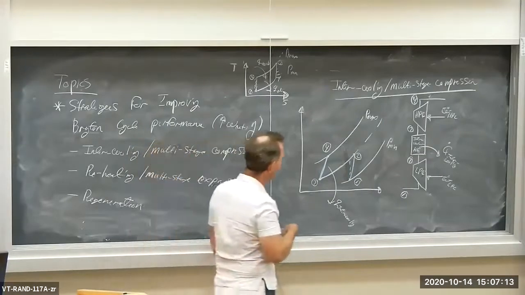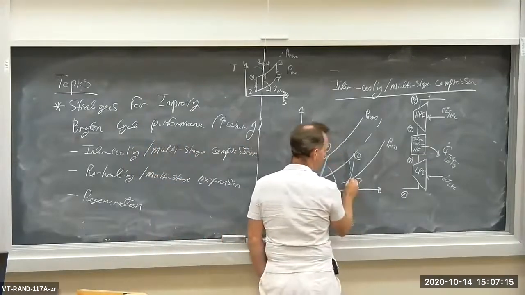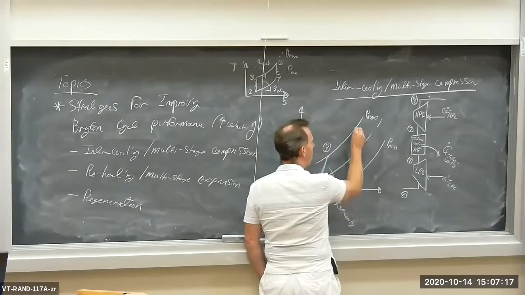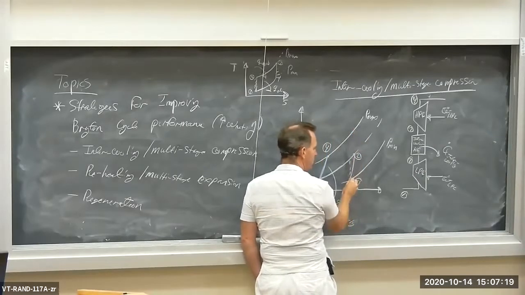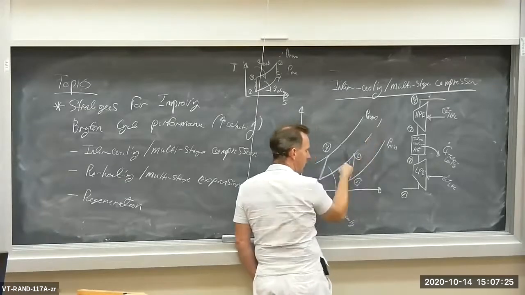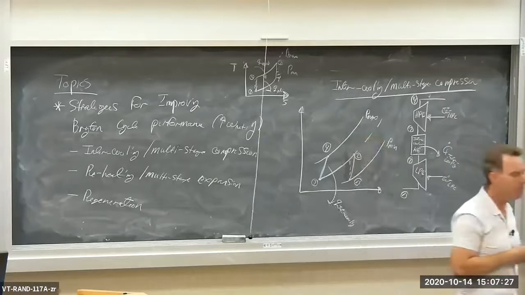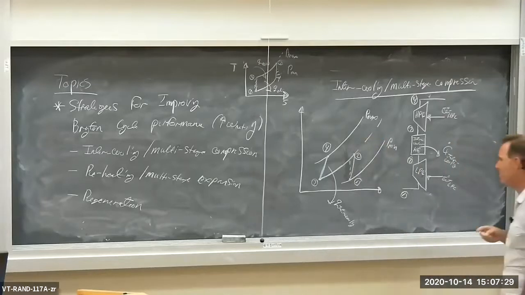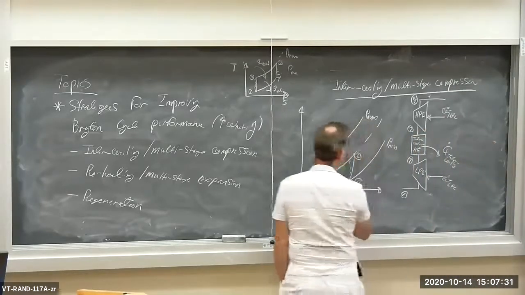So instead of having a single compression process from state 1 all the way up to Pmax, we're going to compress the fluid partially to some intermediate pressure. This dashed line represents some intermediate pressure, or pressure in between Pmin and Pmax.